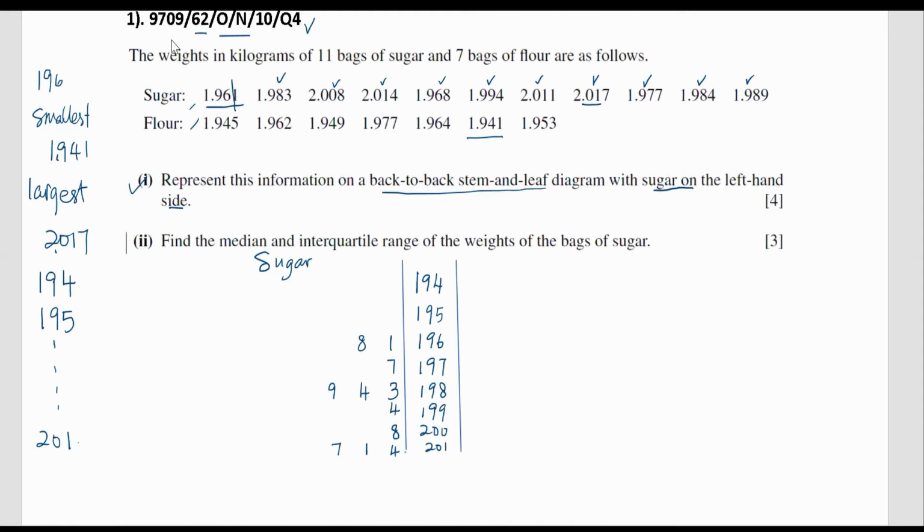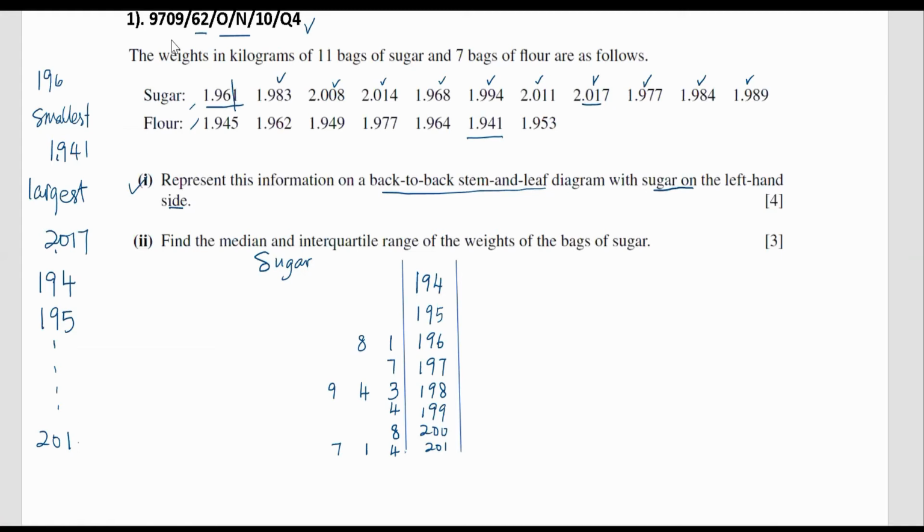But of course, if we need to construct the stem and leaf diagram, we have to arrange the leaves in order. So let's say the first one, 1 and 8, they are in order with the smaller numbers closest to the stem. The second is 7, 5, 3, 4, 9, which is okay.